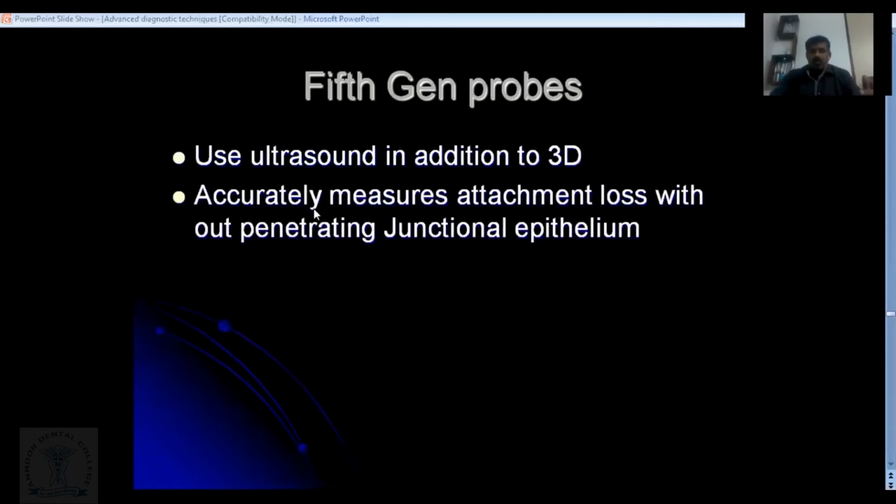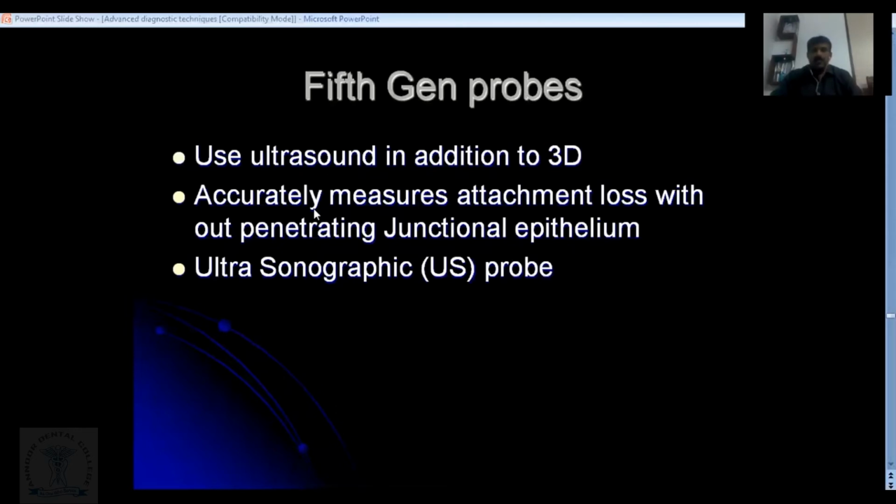So it is more precise, and you can measure the attachment loss without actually penetrating the junctional epithelium. Because this is based on ultrasonic waves, it detects the bottom of the pocket. I think the only fifth generation probe available in the market is called the US probe, or ultrasonographic probe.